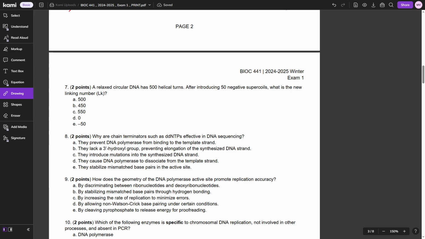All right, back to this. A relaxed DNA has 500 helical turns. Okay, cool. Introduce 50 negative supercoils. What is the linking number? Remember that twist plus writhe equals linking number.